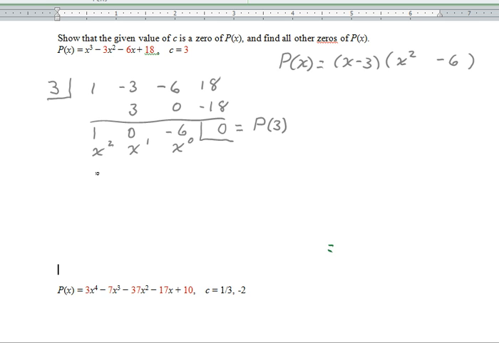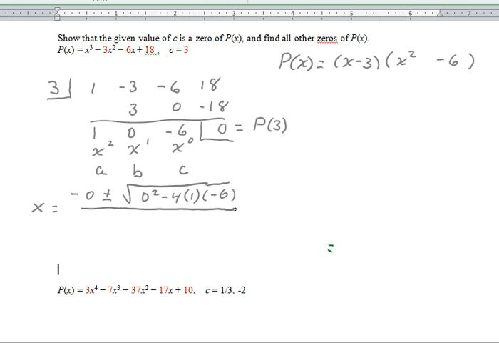In terms of the quadratic formula, the 1 would be the a, the 0 would be the b, and the negative 6 would be the c. So if we use the quadratic formula, we would get x equals the opposite of b plus or minus the square root of b squared minus 4ac, all over 2a.